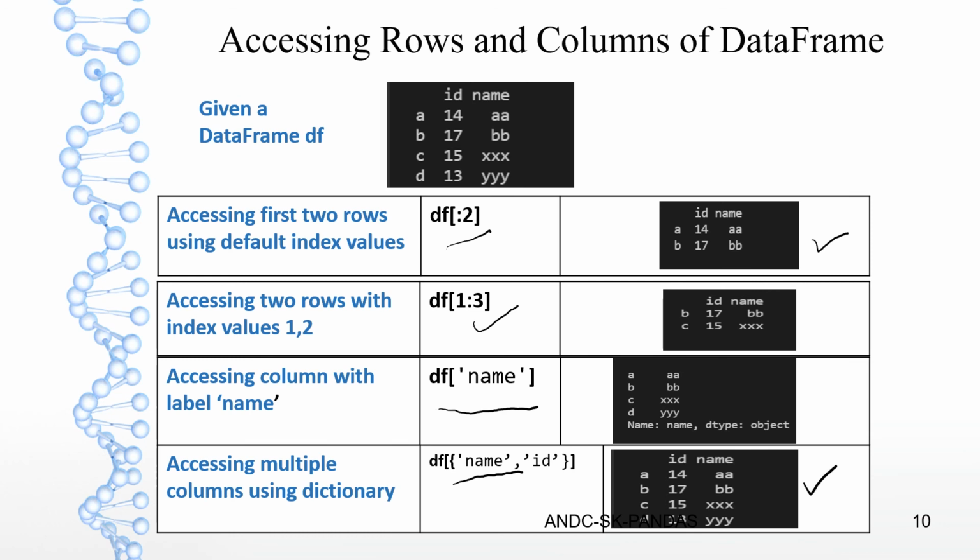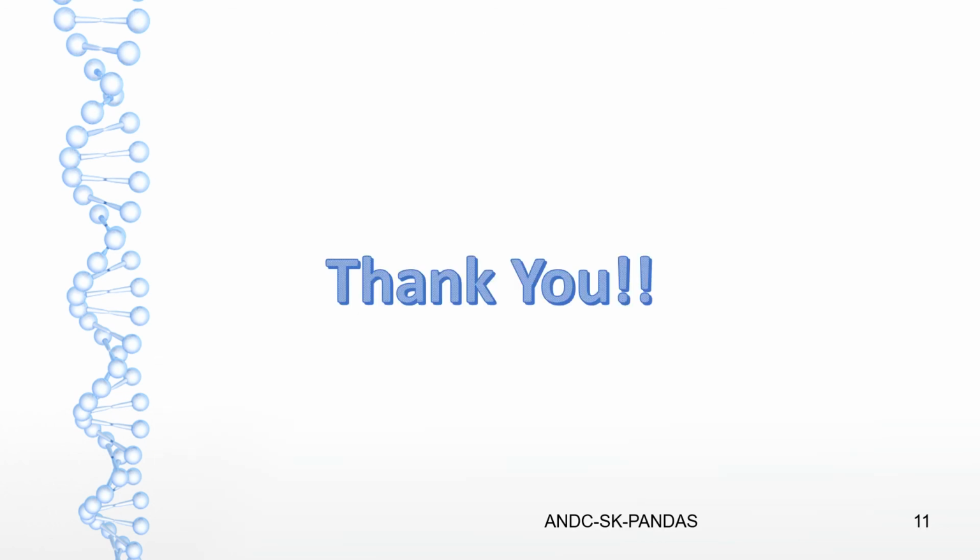So you will get the entire data frame, because in this case my data frame has only these two columns. This is all about the basic introduction to the two main data objects available in the Pandas library: data series and data frame. Thank you.